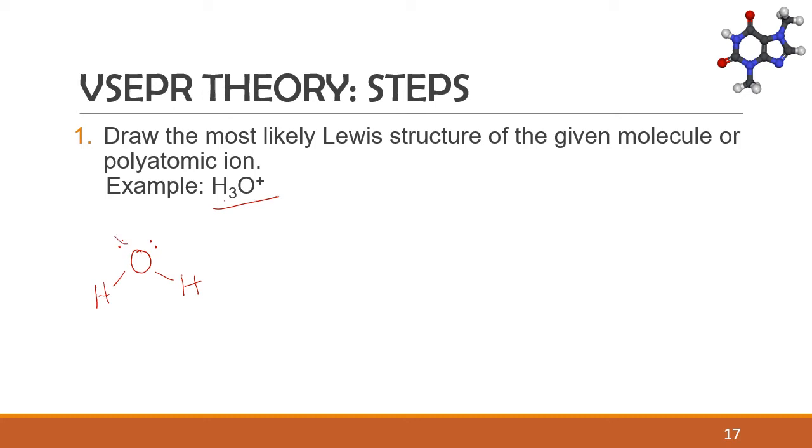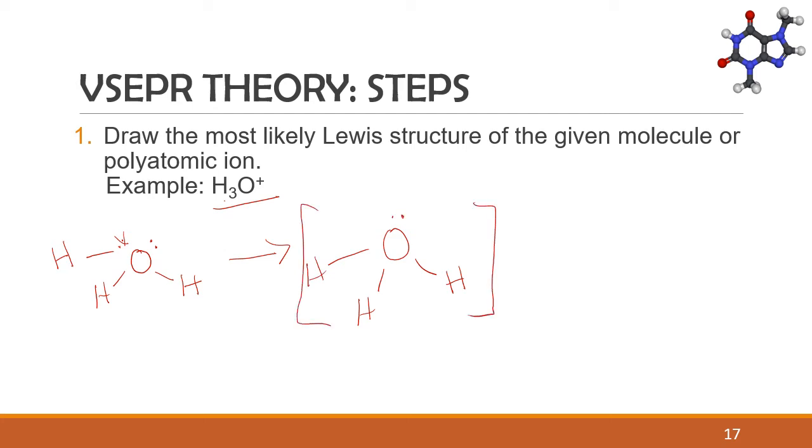So if you remove this and pair this to the other hydrogen atom, we can draw the Lewis structure of the hydronium ion as oxygen attached to 3 hydrogen atoms and 1 lone pair with a +1 charge.